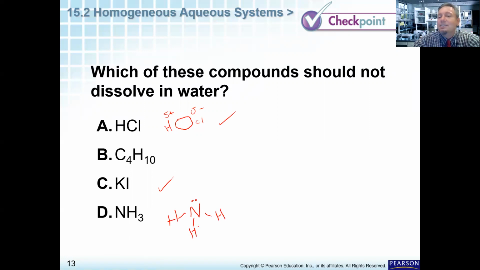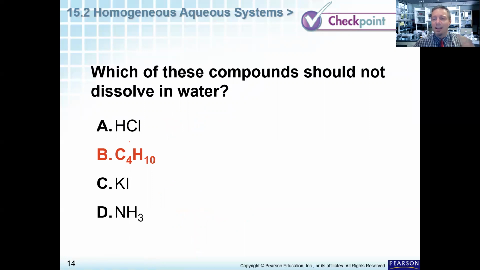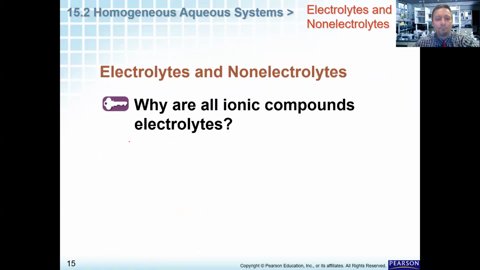So this is not symmetrical, it's asymmetrical. So you have a dipole moment running right through here. So check, polar, water's polar, it'll dissolve. That leaves us only one thing here that is not polar or an ionic compound. So therefore that is your answer. It will not dissolve in water. And that's the process of how you think about these things.